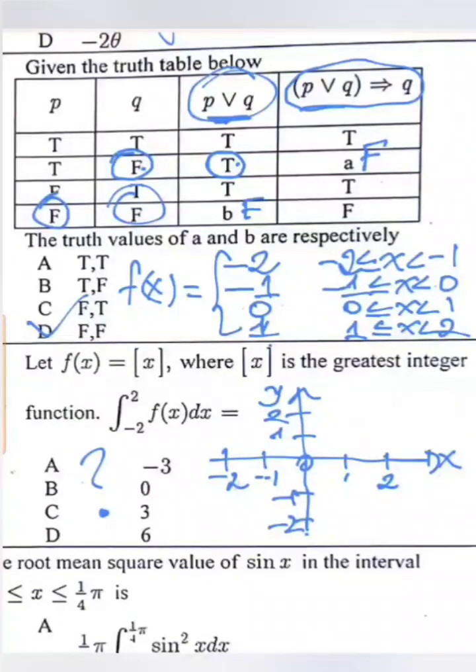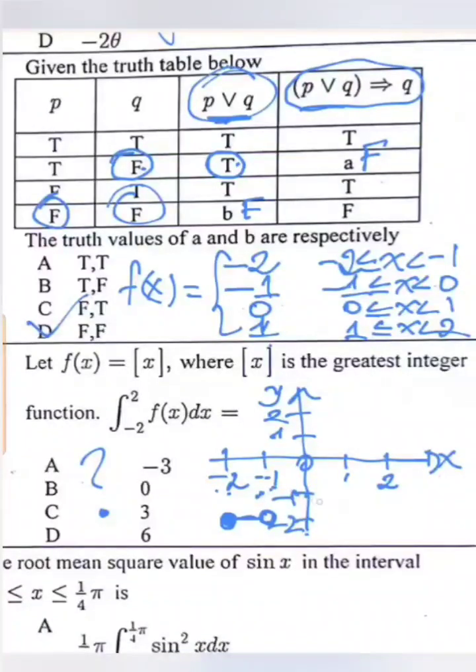So within the interval -2 to -1, the graph is a constant at -2. So where y is -2, the graph would start from where x is -2 included to where x is -1, boundary not included. So a horizontal line there would represent the graph. In the interval between -1 included and 0 not included, we are somewhere here.